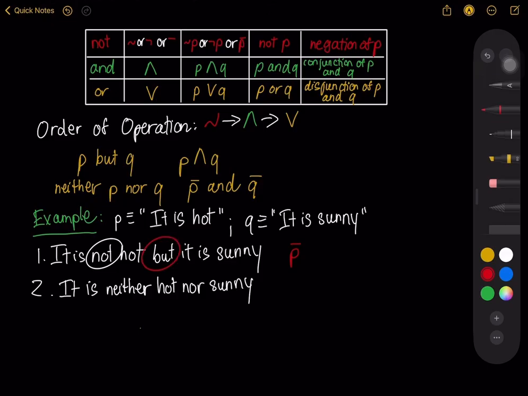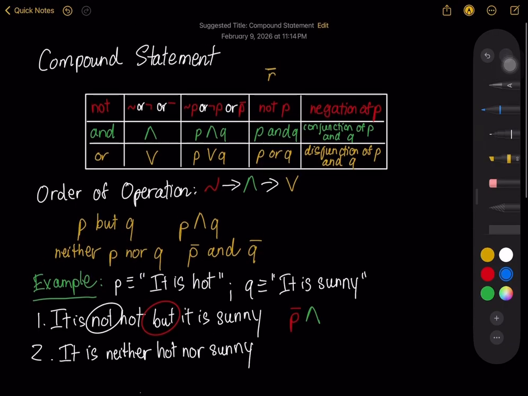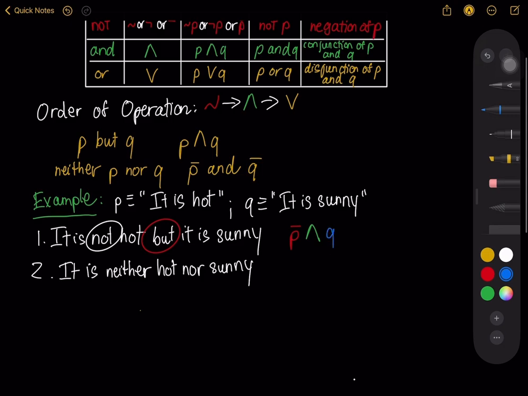We know that P but Q is P and Q, right? So we have and, it is sunny, which is our Q. So I'm going to put not P and Q.